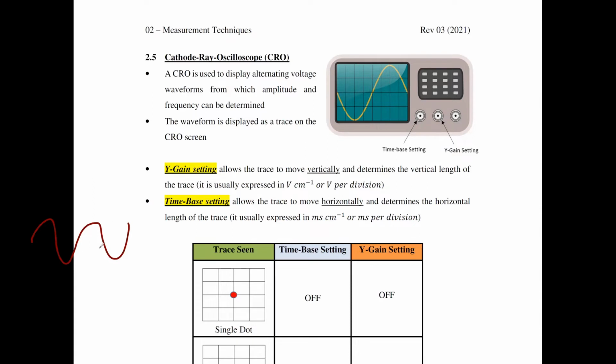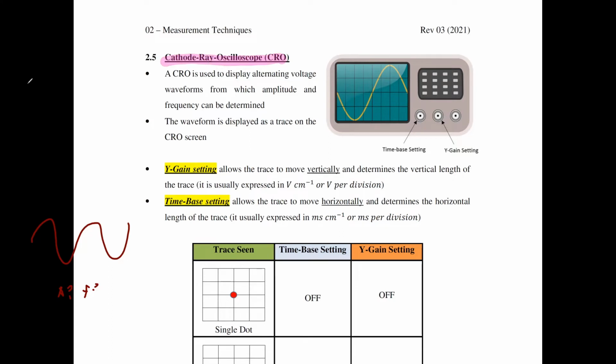So one of the things that we normally would like to know from a wave is the amplitude as well as the frequency. So how do you actually go about measuring the amplitude and frequency of a wave? One of the common methods is to use a cathode ray oscilloscope, otherwise known as a CRO.